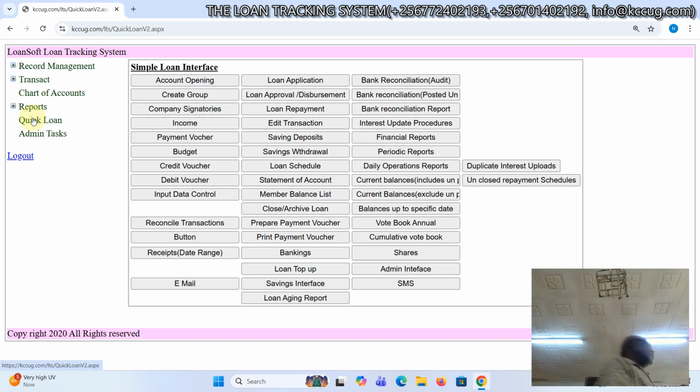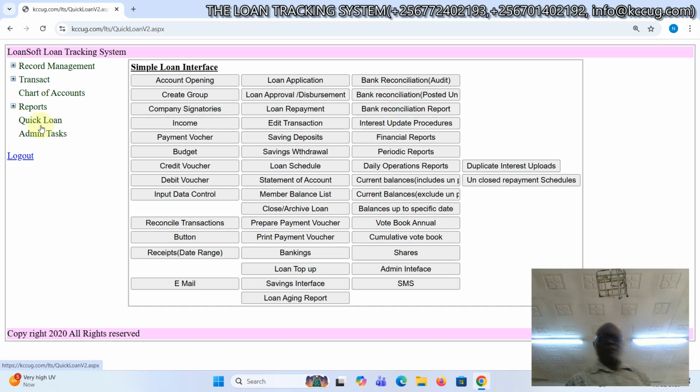So the question is, when we withdraw money from the bank and bring it here for disbursements and other expenses, how is it done within the system?